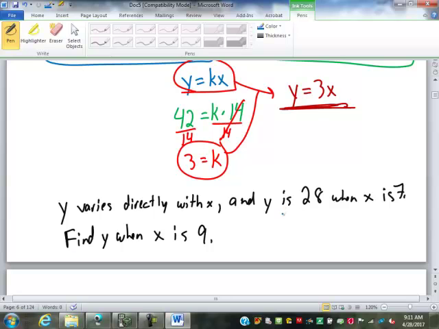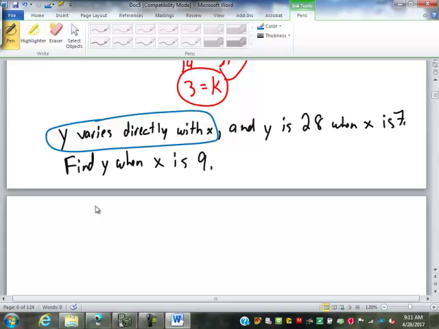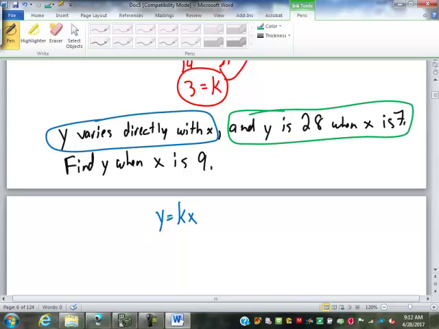We still have y varies directly with x. That still means y equals k times x. Our second piece here, y is 28 when x is 7. Just like before, I put 28 in where the y is.